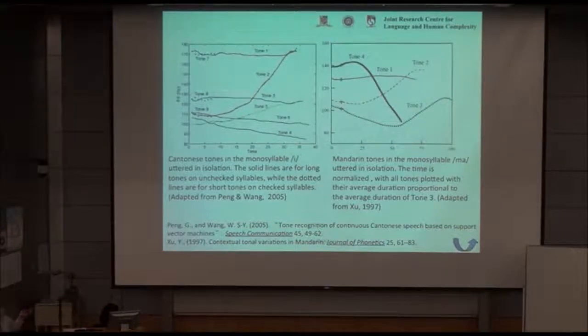And in both languages or dialects, they share the high level tone, tone 1, with tone value 5-5, and a rising tone, 3-5 or 2-5. Mandarin also has the high rising tone.